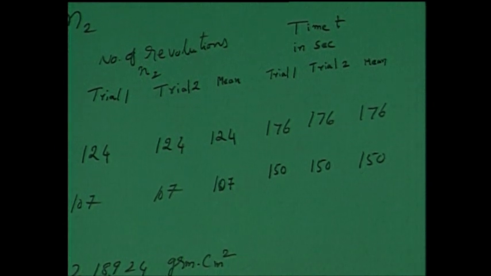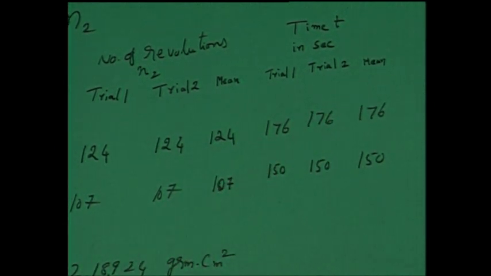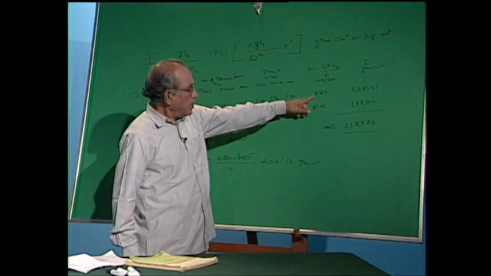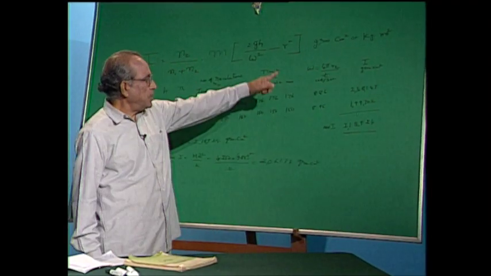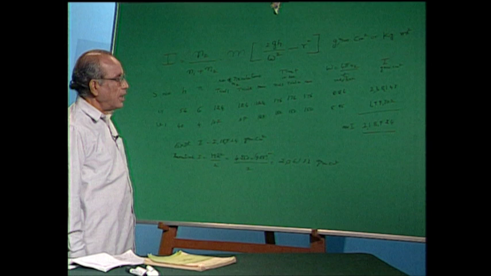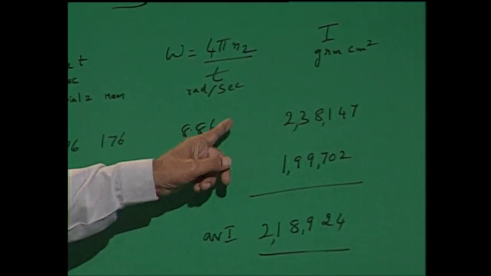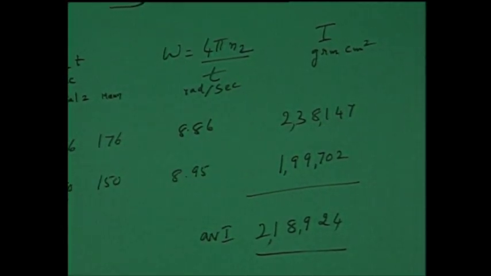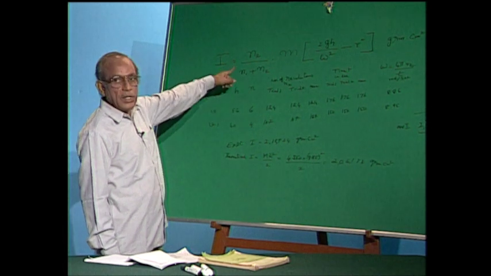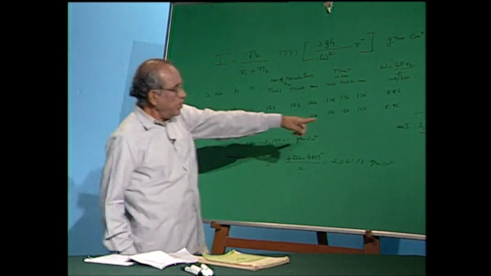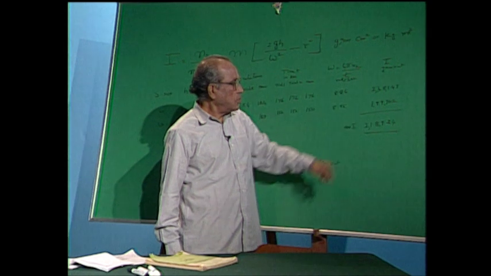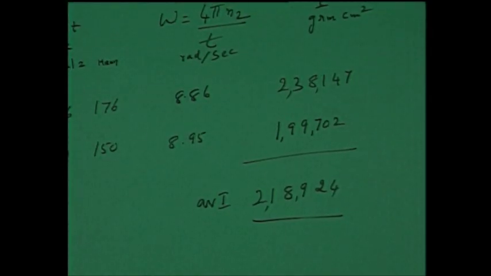When you calculate the angular velocity, it works out to be 8.86 with this data n2 and t. And finally, the moment of inertia, after substituting these values in the equation, comes out as 2,38,147 gram centimeter square.